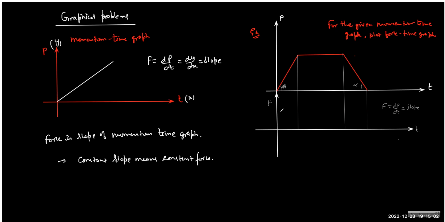So slope is constant, so force is going to be the same. And slope is positive, so force is positive. So the graph will look like this: a straight line. Then constant, zero, because there is no slope. And now the slope is negative, so it will go downward.